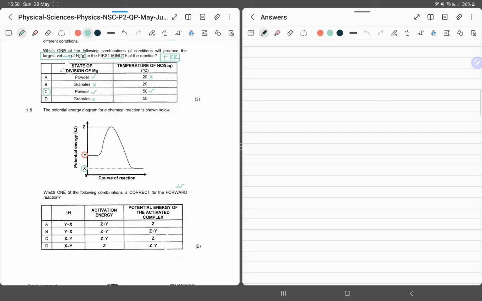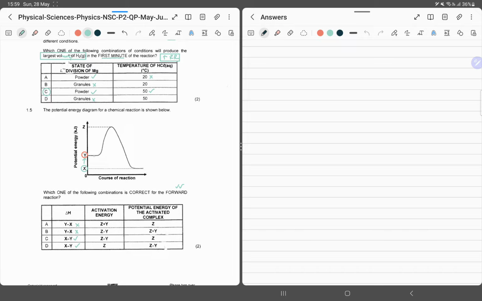So we're looking at the forward reaction. We know that it is exothermic. Now delta H is always going to be X minus Y, the energy of the products minus the energy of the reactants. So X minus Y is correct. Anything otherwise already eliminates those possibilities.